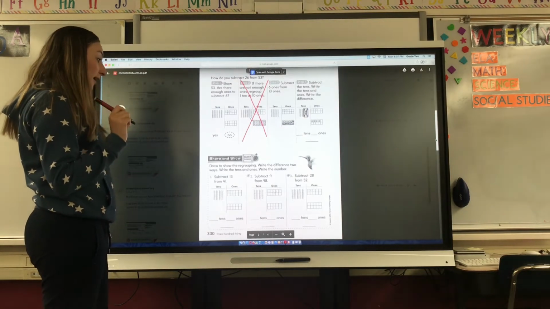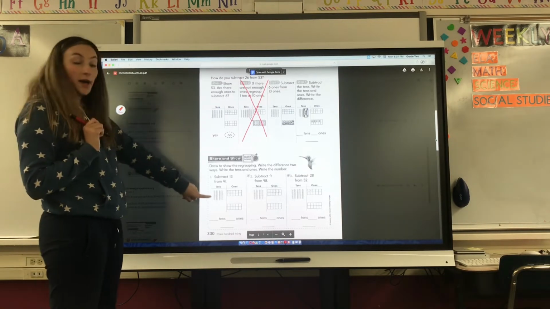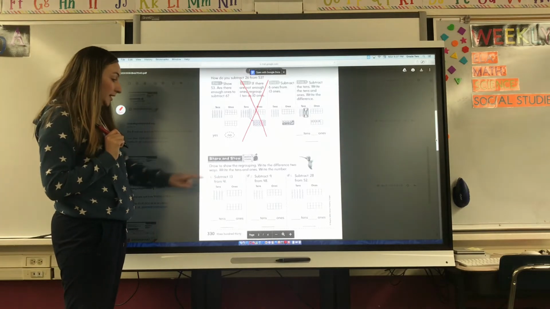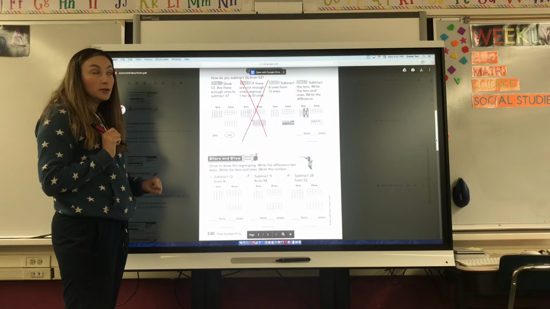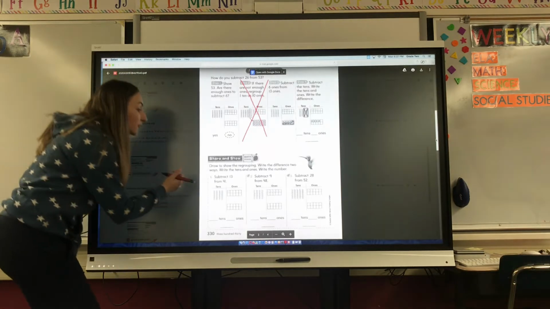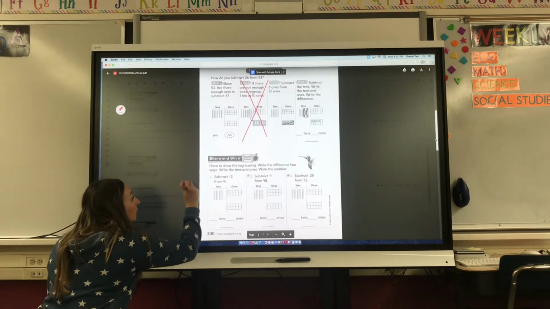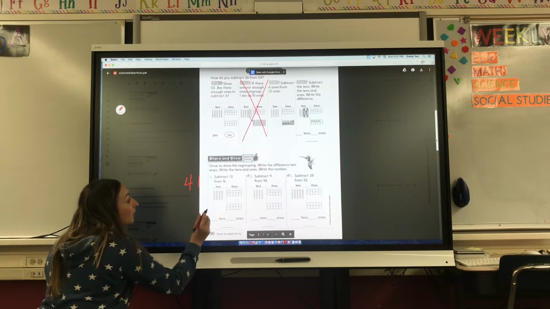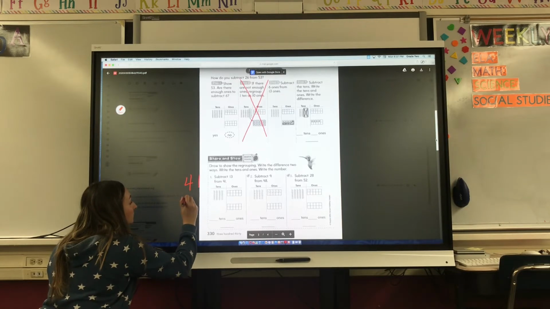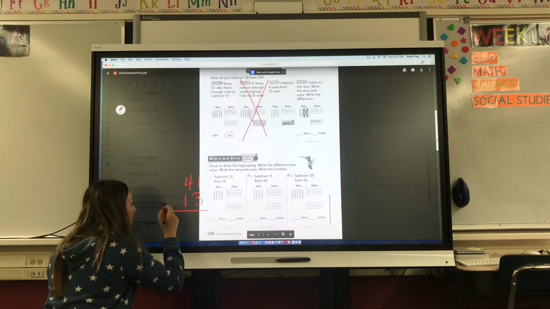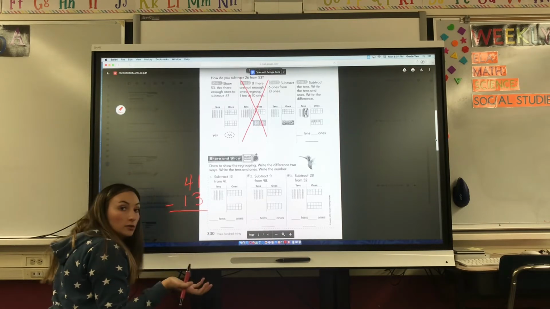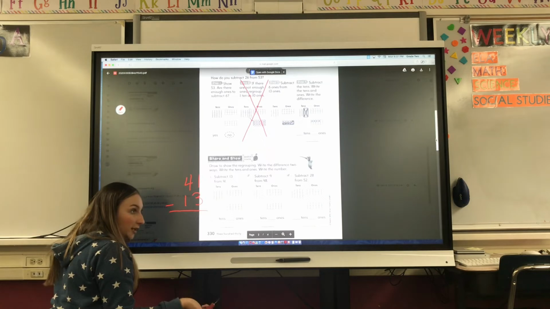So if I'm doing number 1, you're taking away 13 from 41. Okay, so if I do it vertically, I'm going to do it over here. 41 minus 13. So, is 1 bigger than 3?